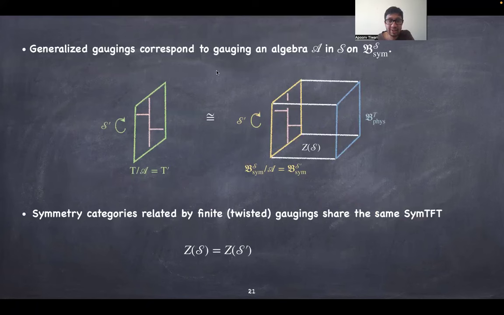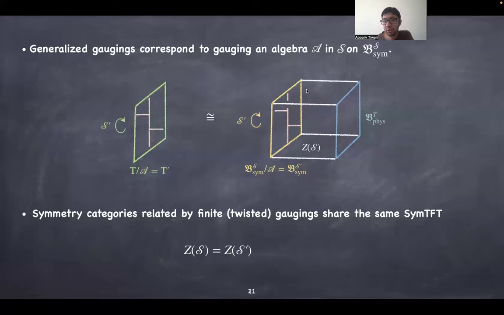Generalized gaugings in this setup correspond to gauging an algebra inside the category of lines on the symmetry boundary. So if I want to study a theory where some subalgebra inside S has been gauged, it would involve inserting a fine enough mesh of these algebra lines on the symmetry boundary and then compactifying.